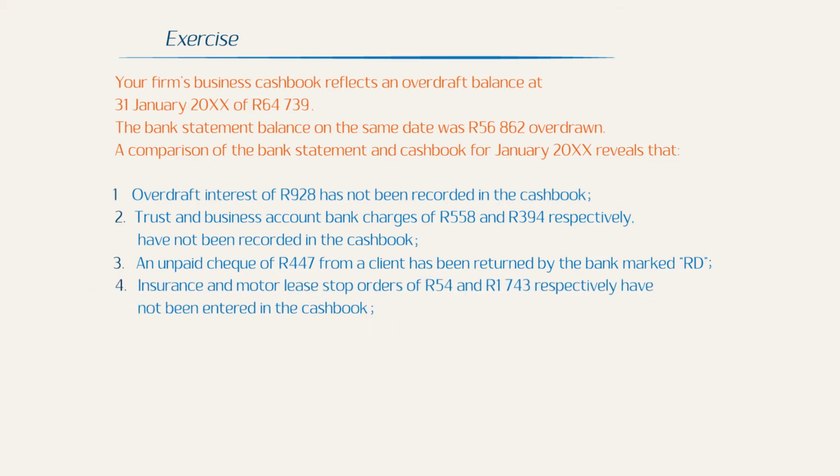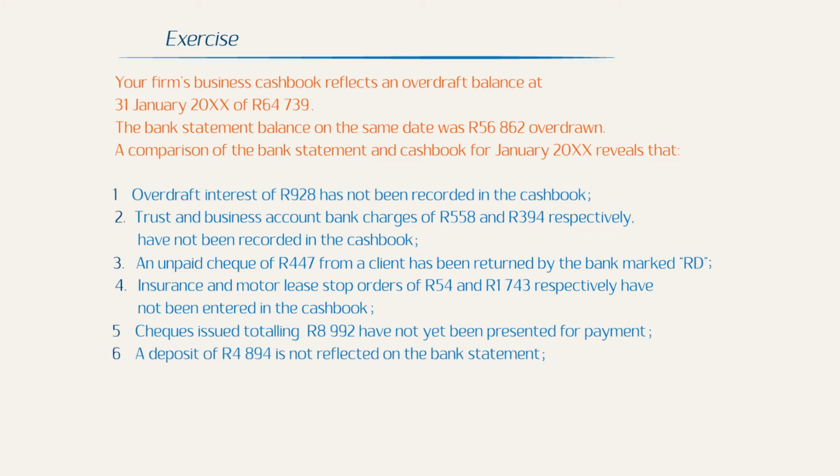4. Insurance and motor lease stop orders of 54 Rand and 1,743 Rand respectively have not been entered in the cash book. 5. Checks issued totaling 8,992 Rand have not yet been presented for payment. 6.